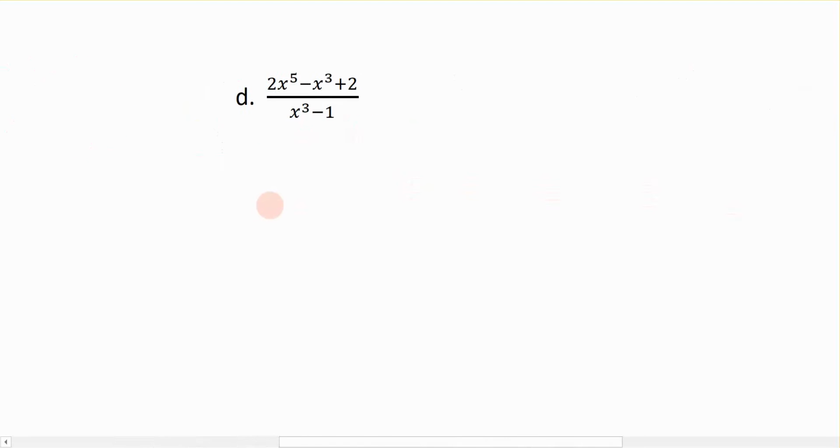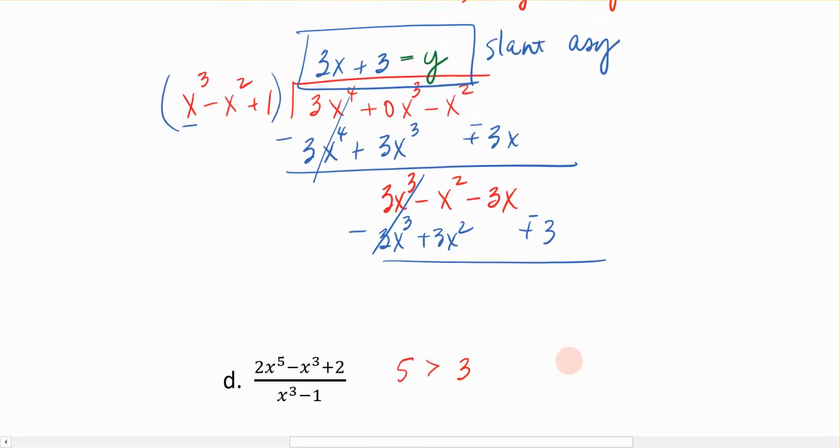Now the last example we're going to look at is this one right here. This one says that the degree of my numerator is 5. The degree of the denominator is 3. 5 is greater than 3, but 5 is 2 more than 3. So I don't have a slant asymptote. Remember, that was this one up here.